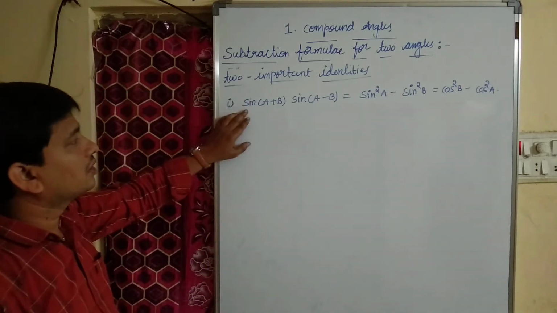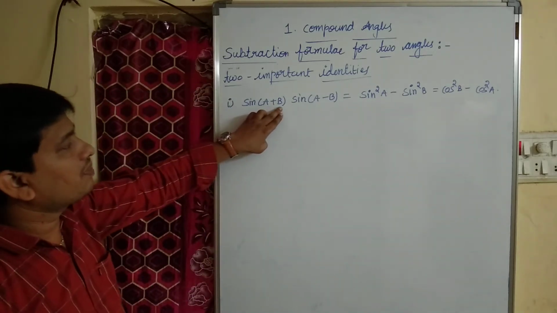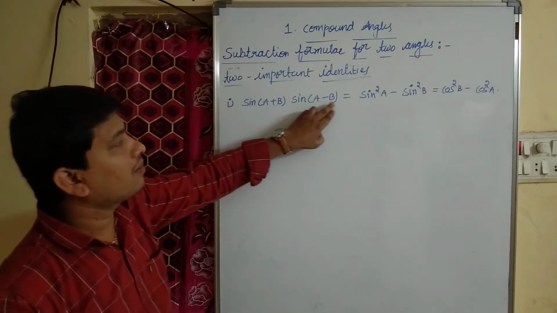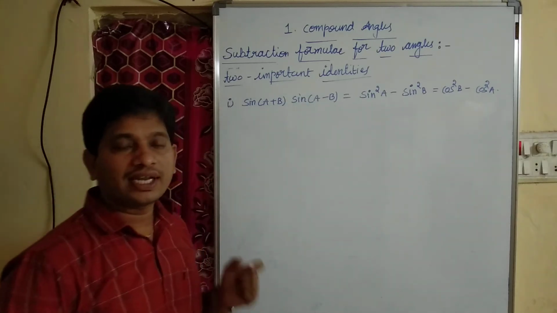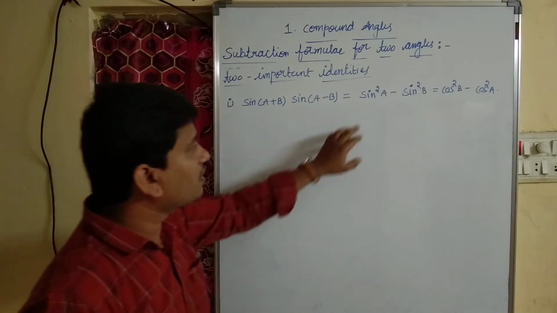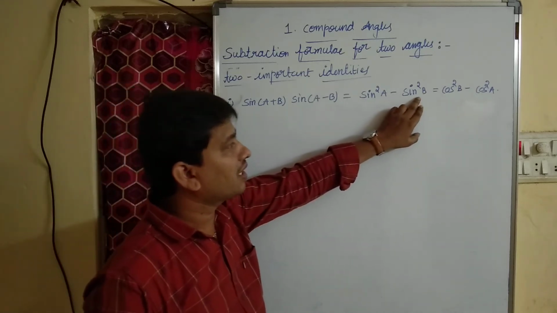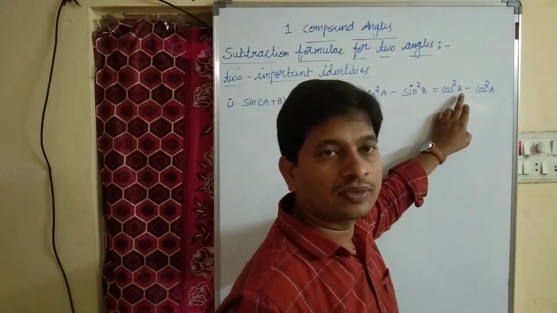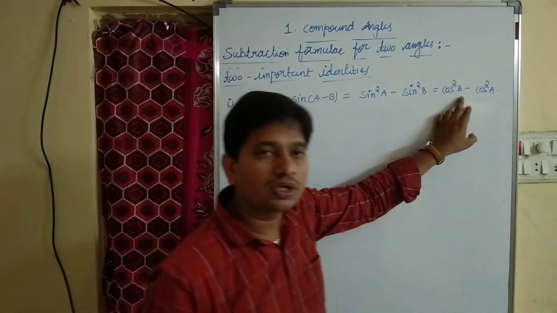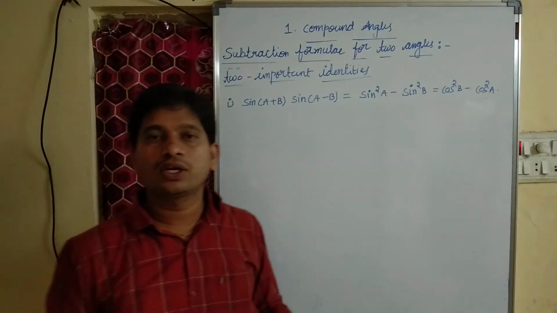Coming to the first one, sin (a plus b) into sin (a minus b) equals sin square a minus sin square b, or else we can use cos square b minus cos square a.